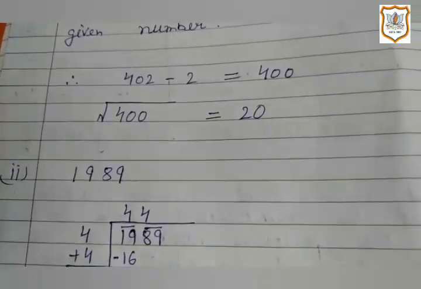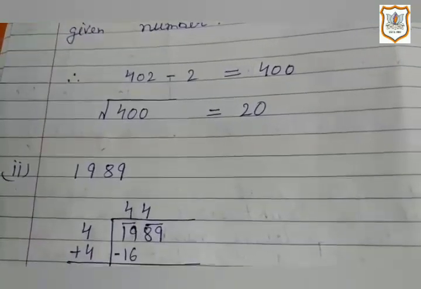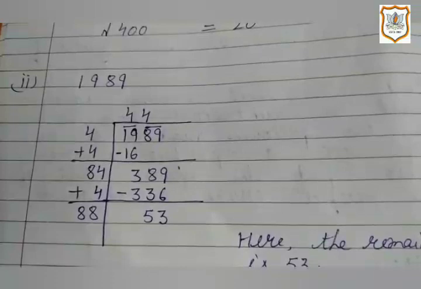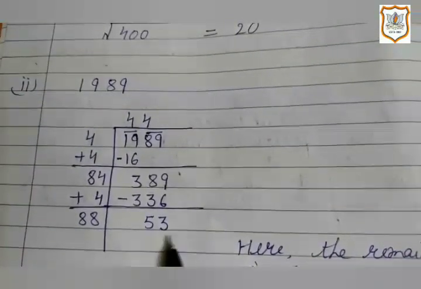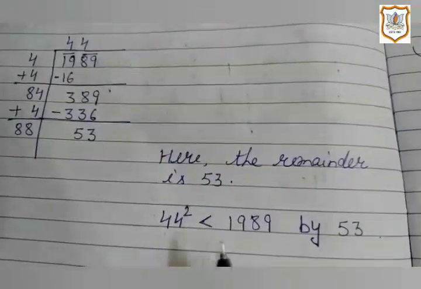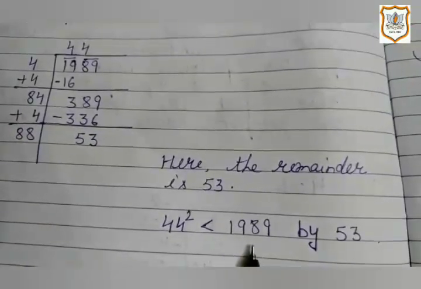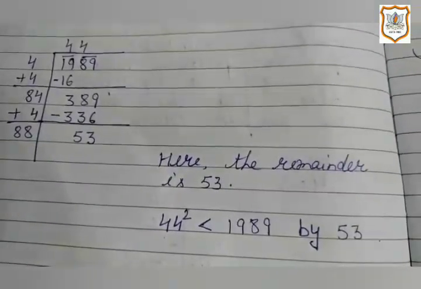The next number is 1989. When we solve 1989 by the division method, we get 53 as a remainder and it shows that 44 square is less than 1989 by 53.